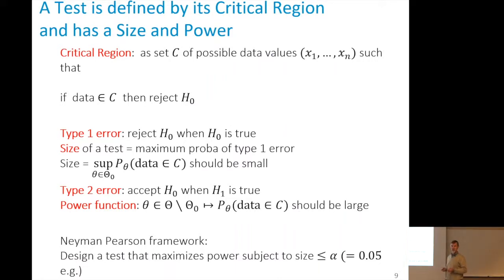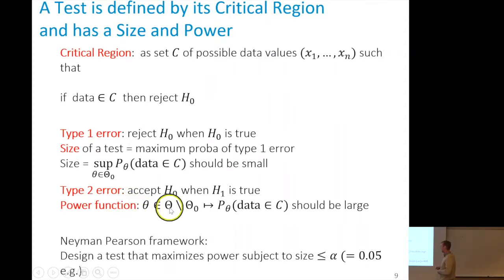This is similar to the confidence interval. When I say the true value of the median is between A and B with 95% probability, if with 5% it can be off, this is similar to the size of a test. The second type of error, for some reason, we consider not the probability of error, but 1 minus the probability of error, and it's called the power function.